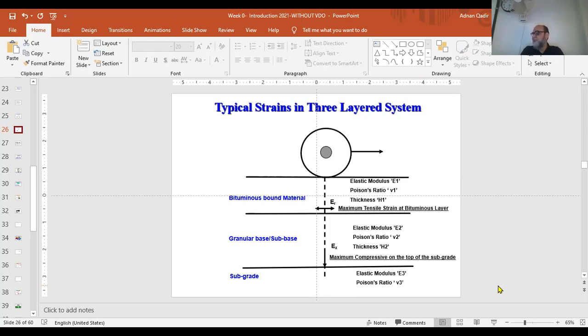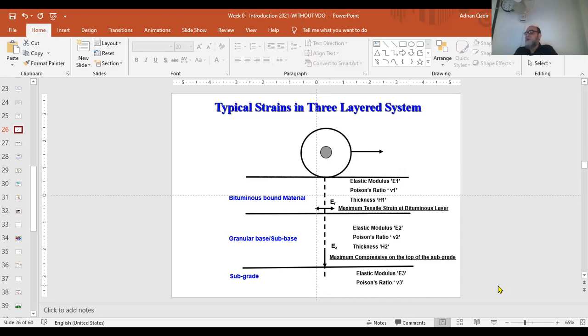Obviously here we are talking about the change in depth per unit depth, and it's a unitless quantity. So if the strain in the pavement has gone beyond its limit, then the failure is caused. As we can see, the major cause of the pavement failure is due to fatigue and due to rutting.